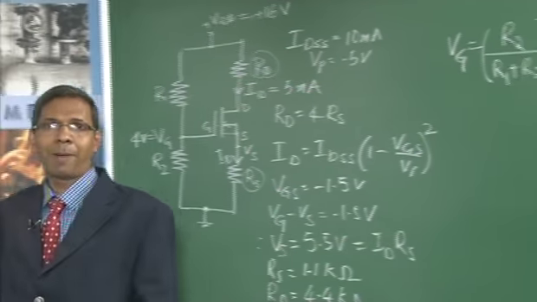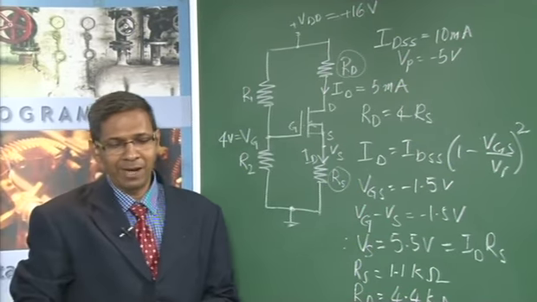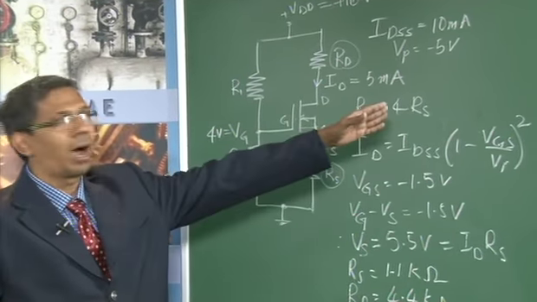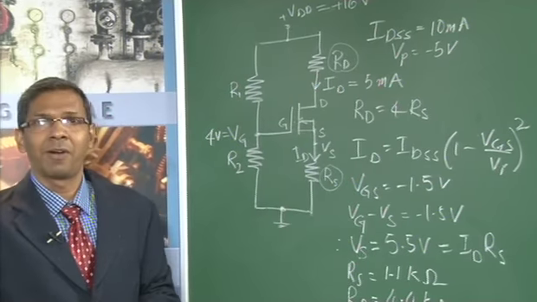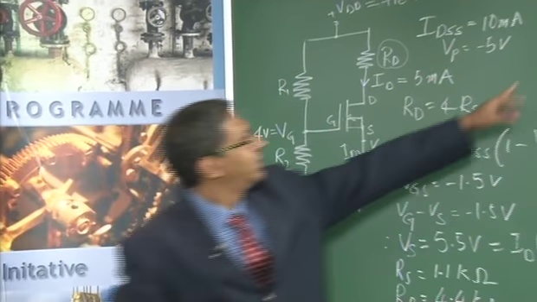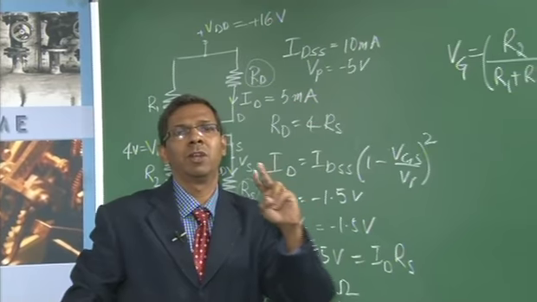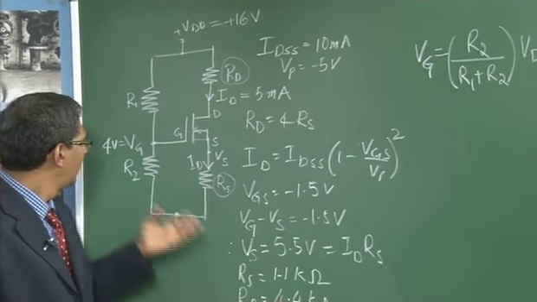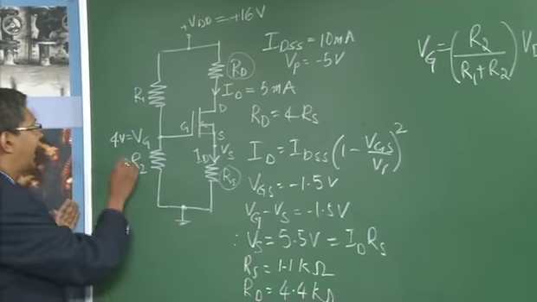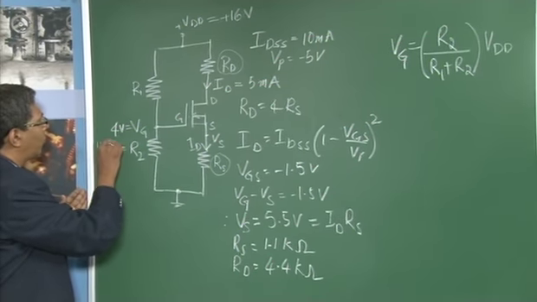Applying this, we can go and find out the actual values of R1 and R2. We have VG known, VDD known, two unknowns. So we will make one more design assumption here. We will take R2 as 1K. So let R2 be 1K.